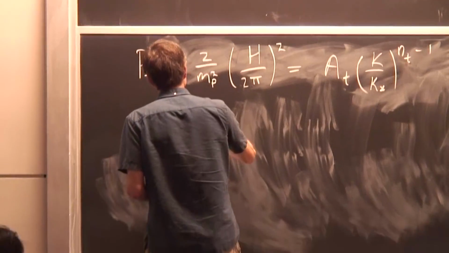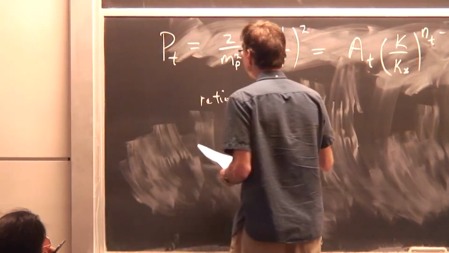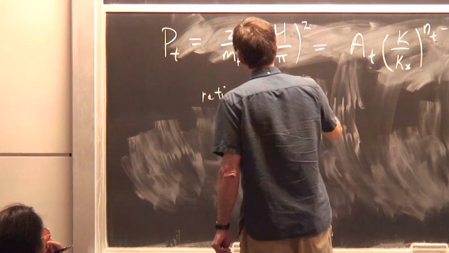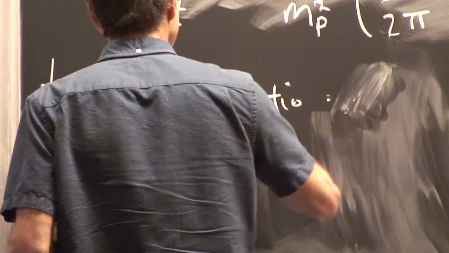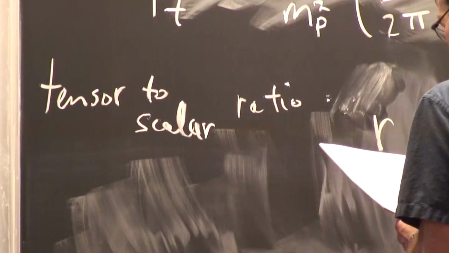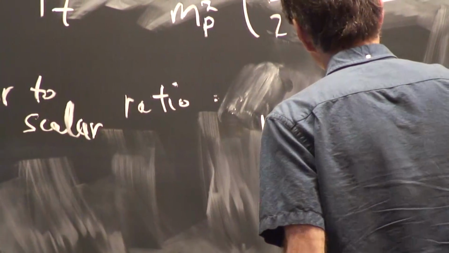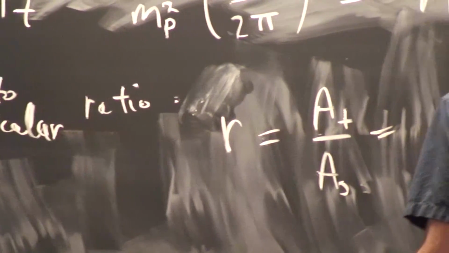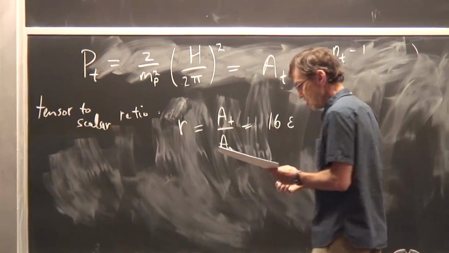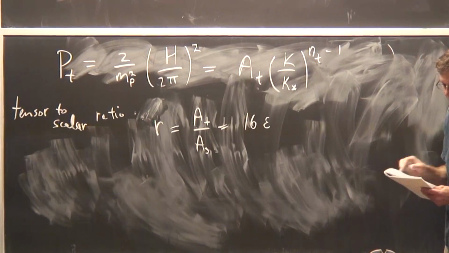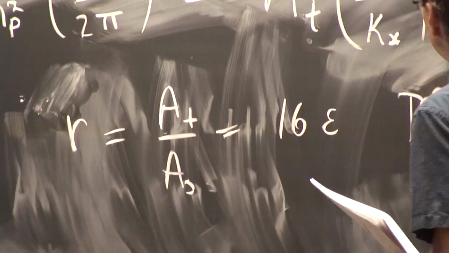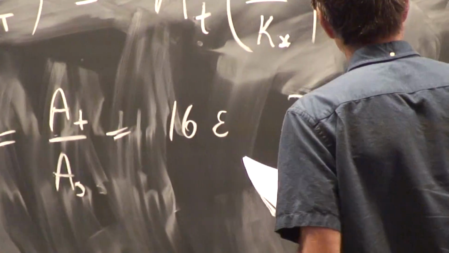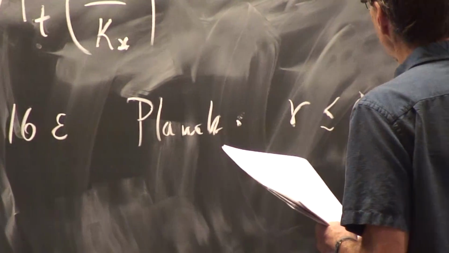So we can compare to the scalar contribution to get a tensor to scalar ratio, R, so that's A_T over A_S. And if you just compare these two formulas, it turns out to simply be 16 times epsilon. So that gives a constraint on epsilon, and the current constraint from Planck is that it's less than about 0.1.